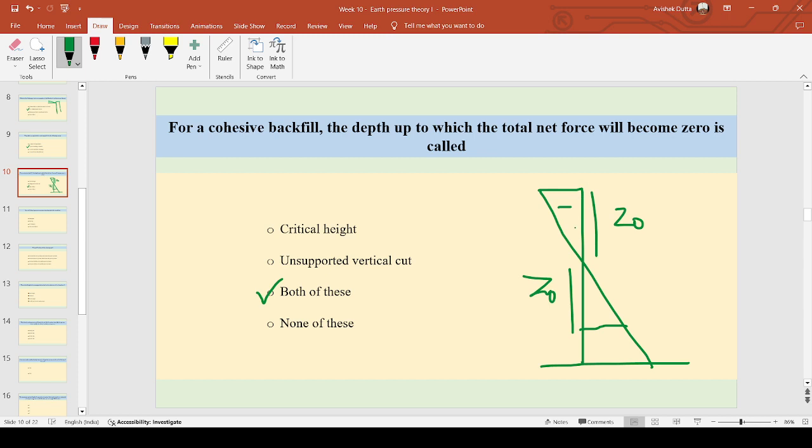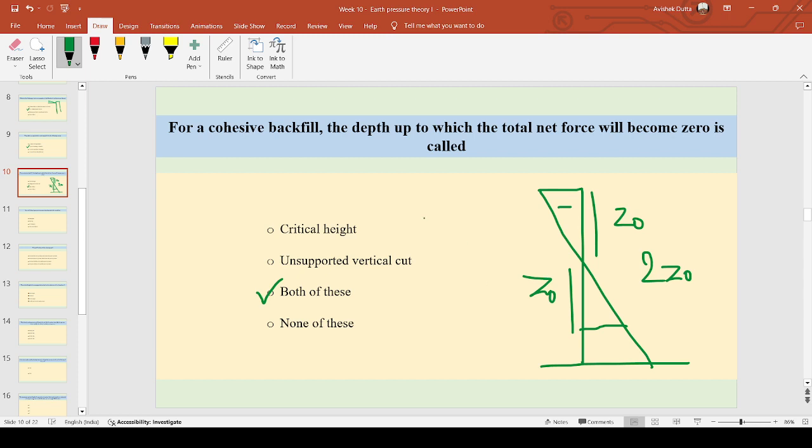This is the tension crack zone, and up to 2Z0 this vertical excavation can support itself. Beyond which it will cave in or fail. So this height is called the critical height or the unsupported vertical cut. It has a formula we will see in the next questions.